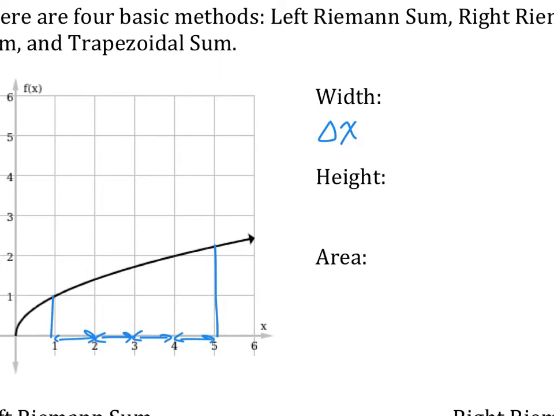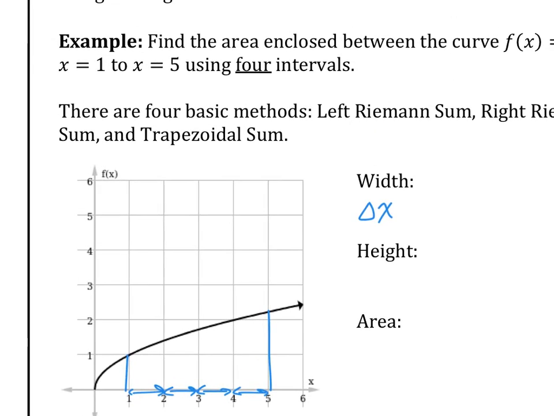How do you figure out how wide the interval is? It depends on where to where and how many intervals you want. So where you start, we are going to call that A. Where you end, we call that B. And then how many intervals, we're going to call that N. So the width of the interval is going to be the end minus the beginning divided by how many intervals you want.